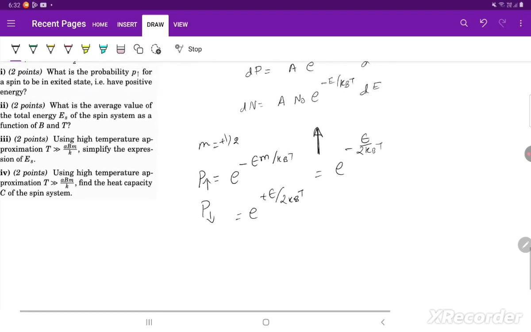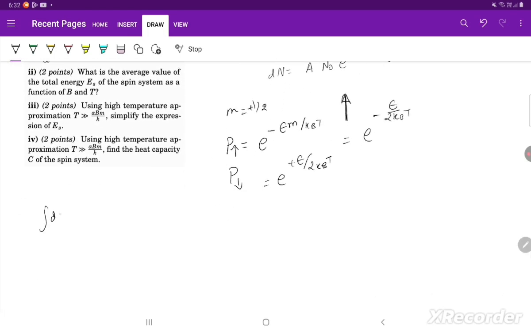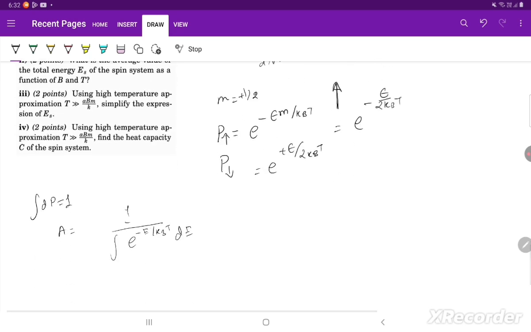Like we do in case of finding the normalization constant, where the integral of dP is equal to 1 and from here A comes out to be 1 by the integral of e to the minus E by kBT dE. Same thing, but instead of using an integral we'll be using a summation here.